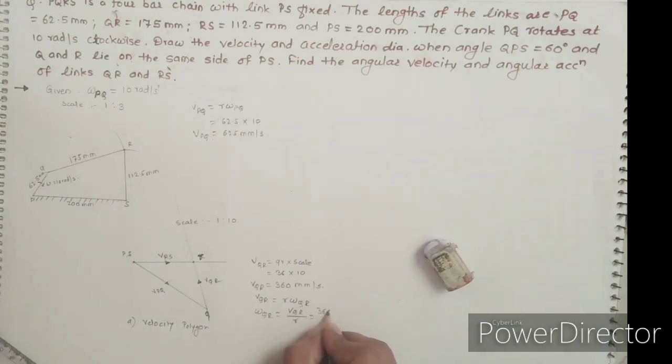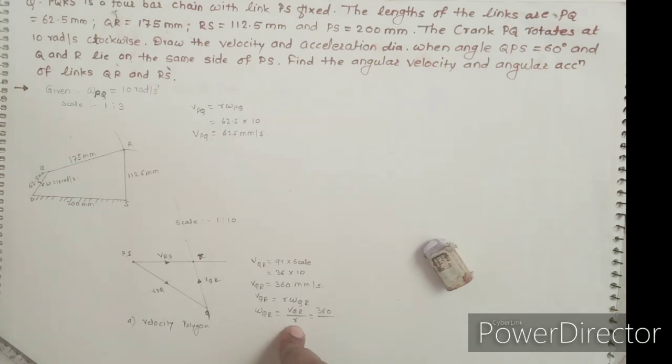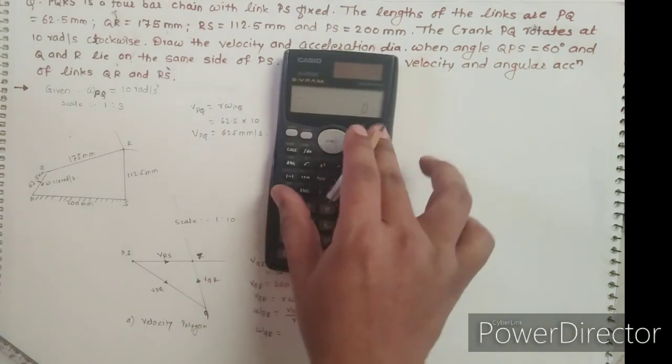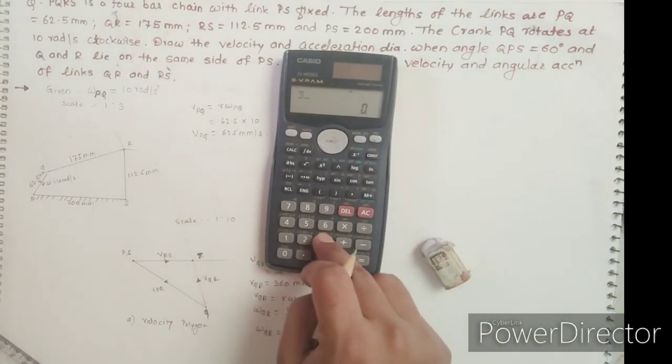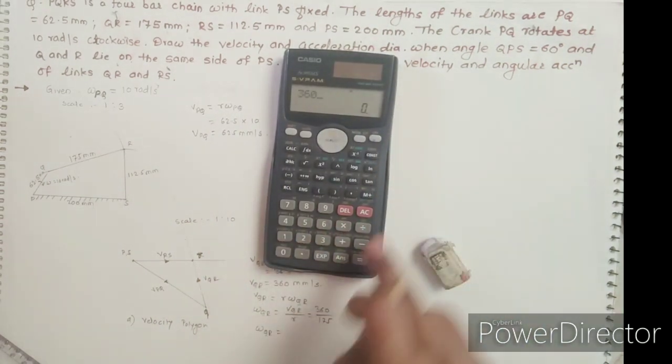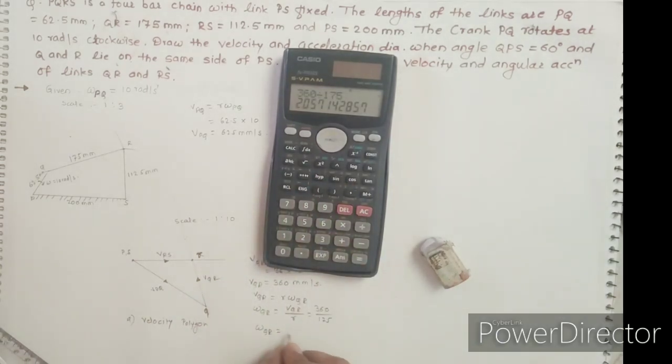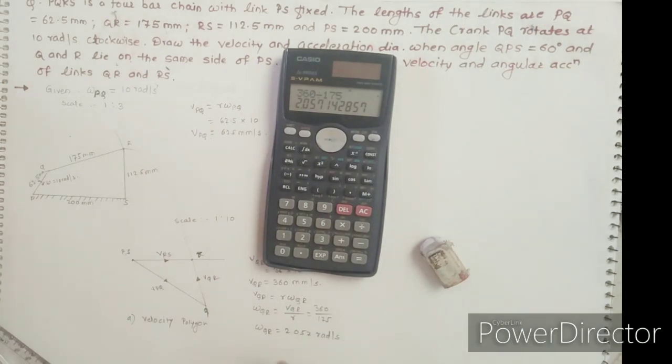You have to take the dimension of the original link, that is QR. QR is 175. So omega QR equal to 360 divided by 175, that is 2.057 radian per second.